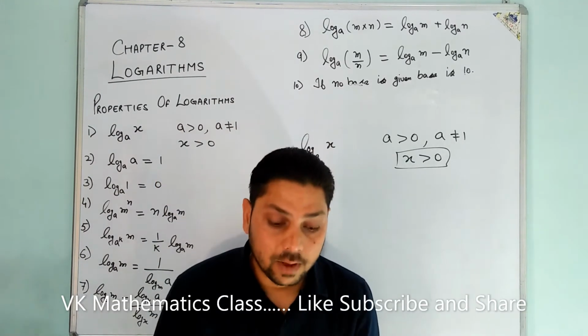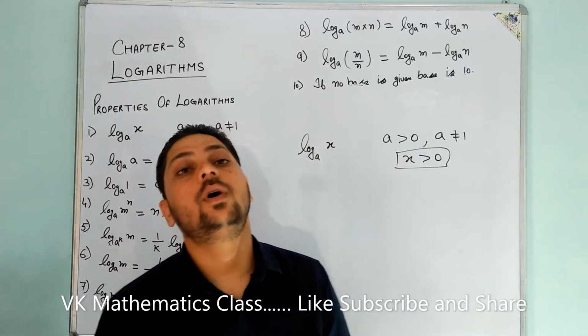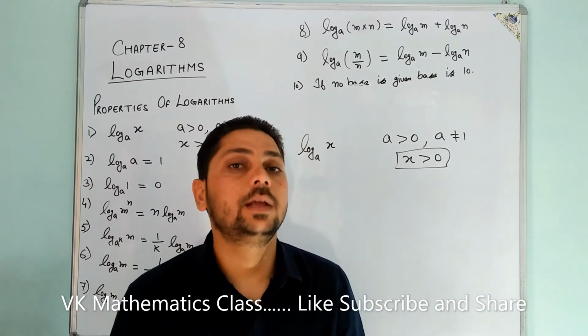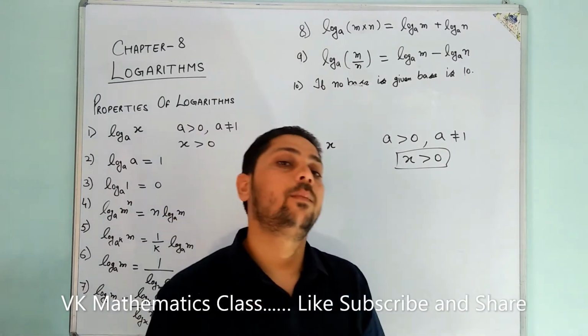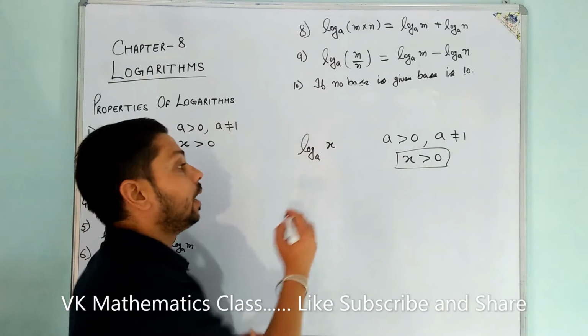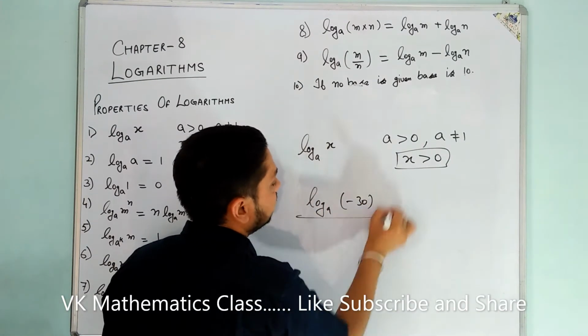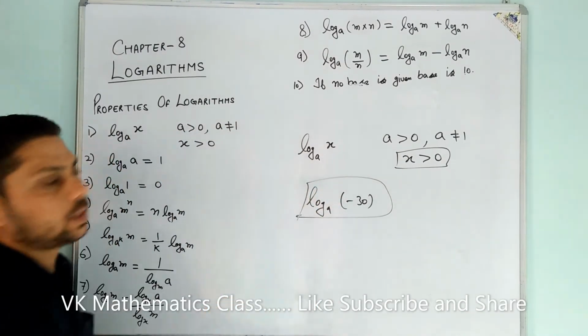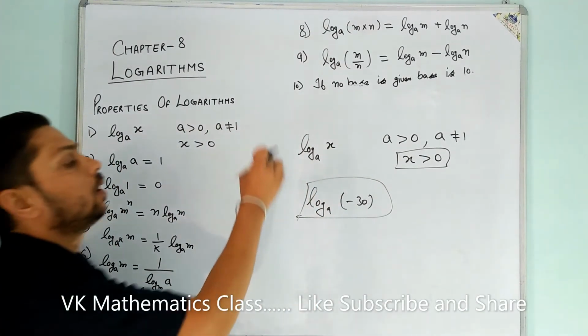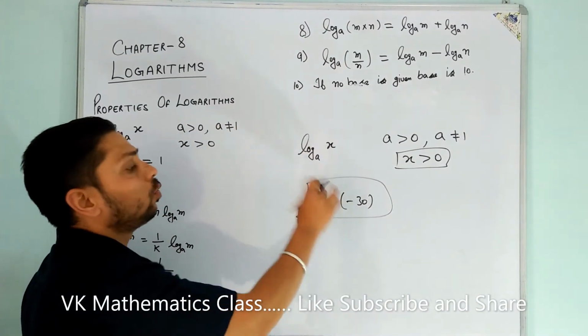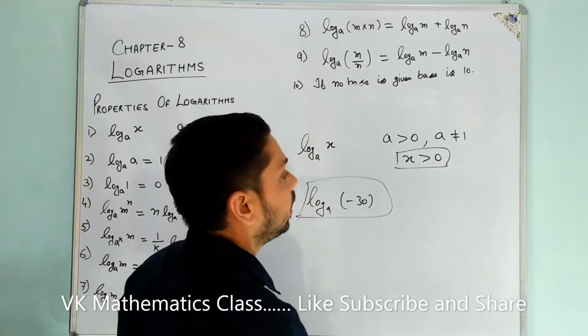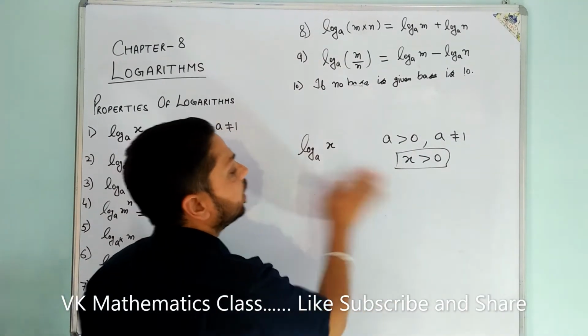We cannot evaluate the logarithm of a negative number. Remember this thing, that logarithm of a negative number is not well defined. That is log of anything with base minus 30, for example, is not properly defined in mathematics. So we do not calculate these values here.